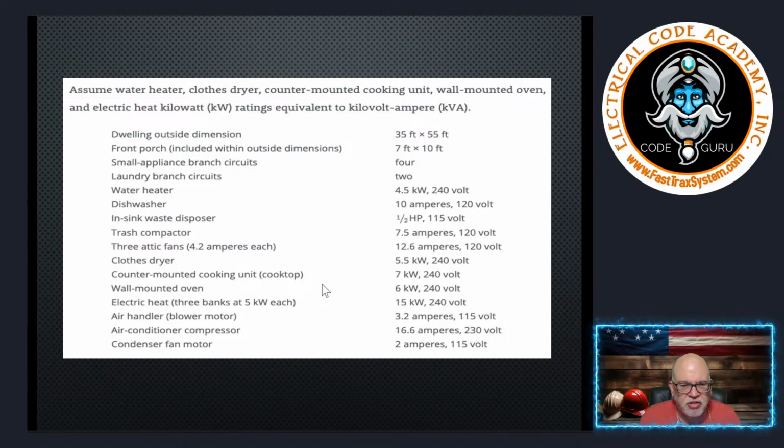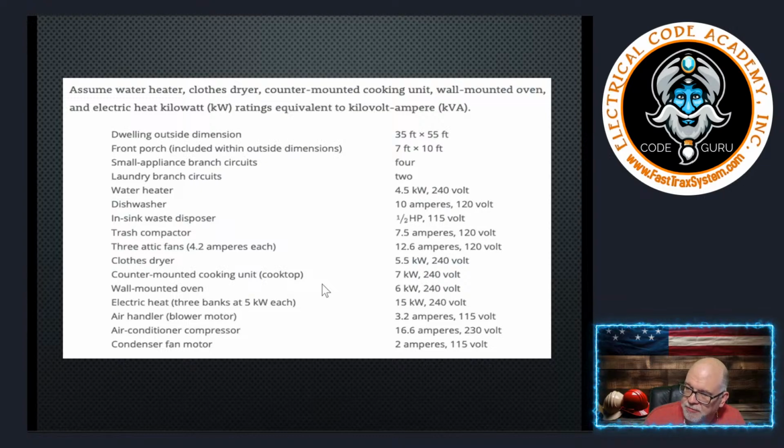Okay. So we got a trash compactor. That is an appliance, not categorized as a motor, even though it may have a motorized component in it. It is not. So it's just an appliance, standardized utilization equipment. And that is 7.5 amperes at 120. Of course, again, y'all know how to convert that, and we will later convert that to VA, amps times the volts.